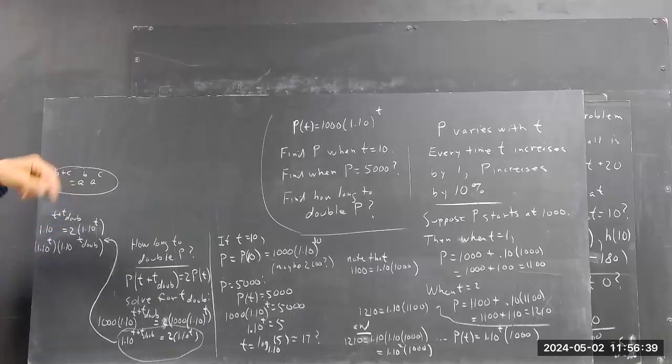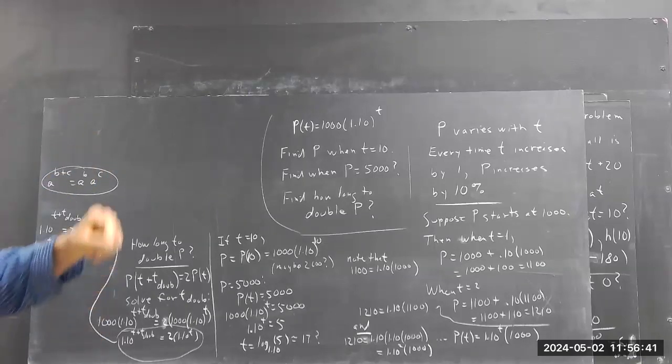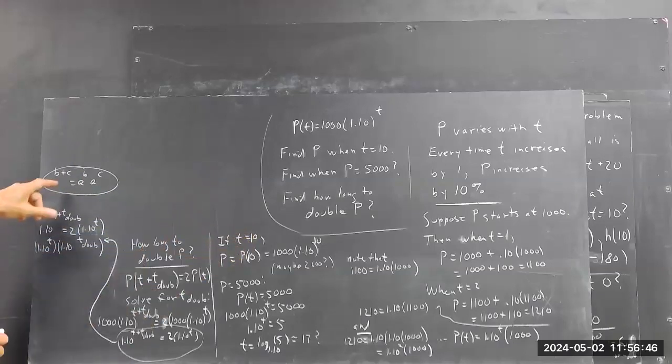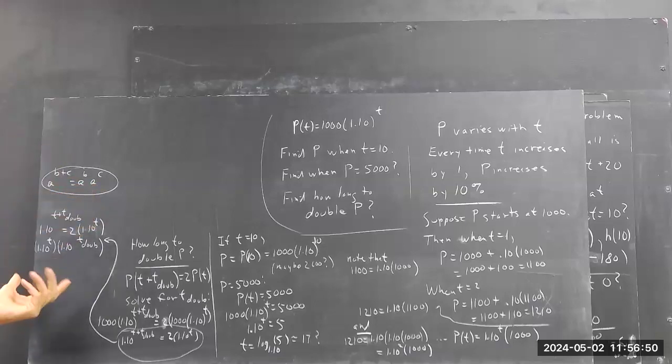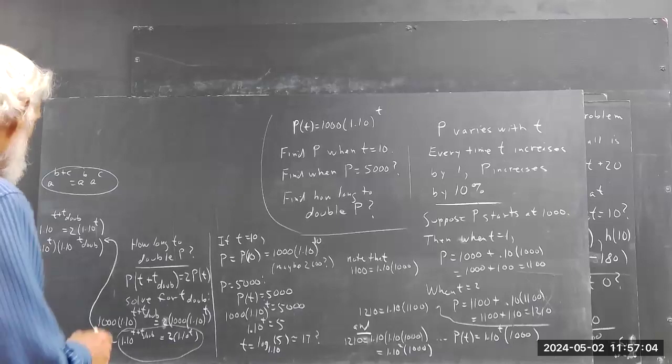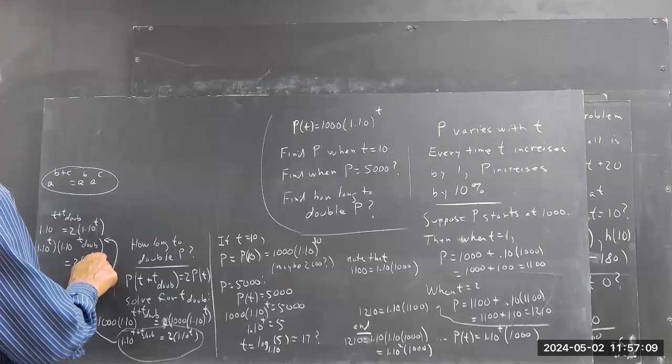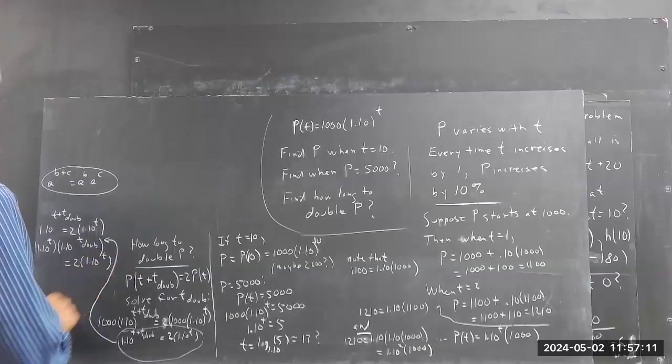If I said A squared times A cubed, you'd say that's A to the fifth. But when you have A to the fifth, you don't necessarily think I could write that as A squared times A cubed. And you don't necessarily think when you see 1.10 to the T plus T dub, that would be 1.10 to the T times 1.10 to the T dub. In any case, that equals 2 times 1.10 to the T.